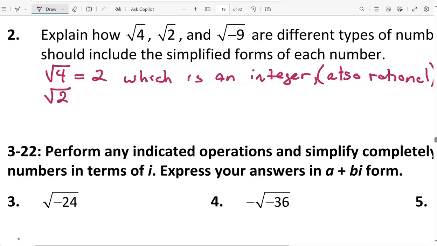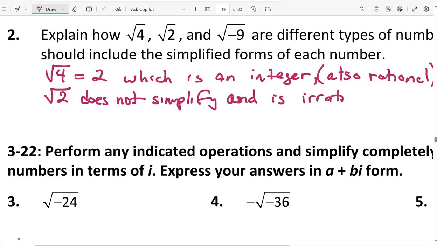The square root of 2 does not simplify. And it is an irrational number. And what that means is it cannot be expressed in the form of a fraction with a numerator and denominator that are integers.